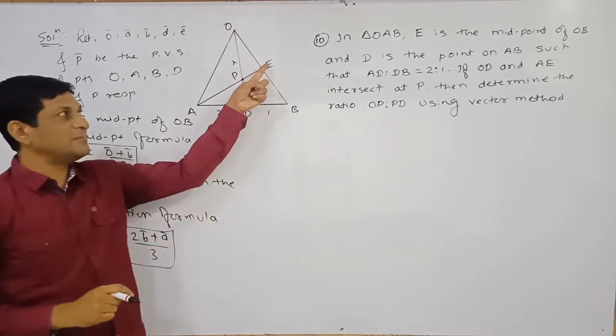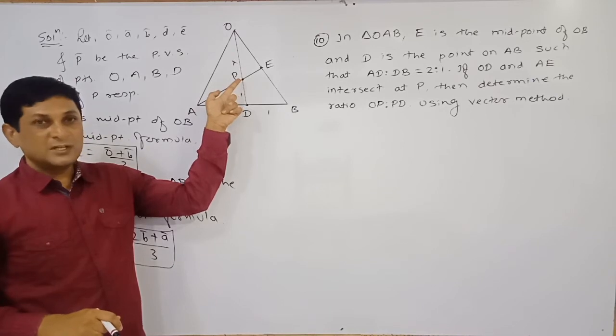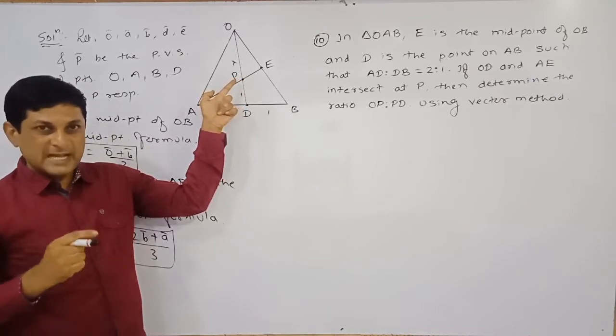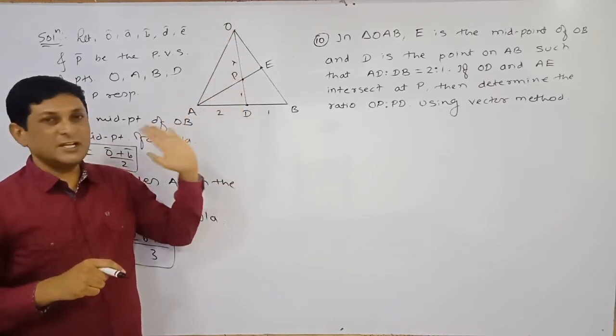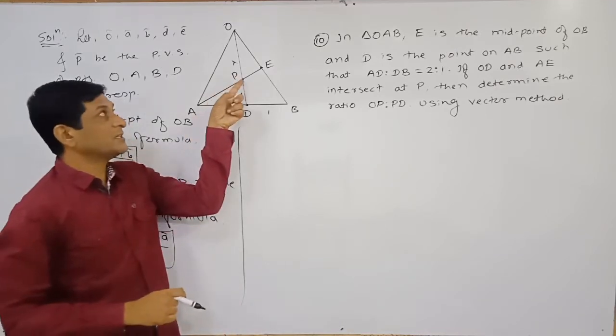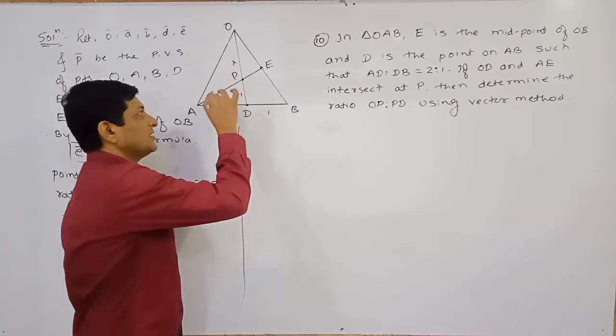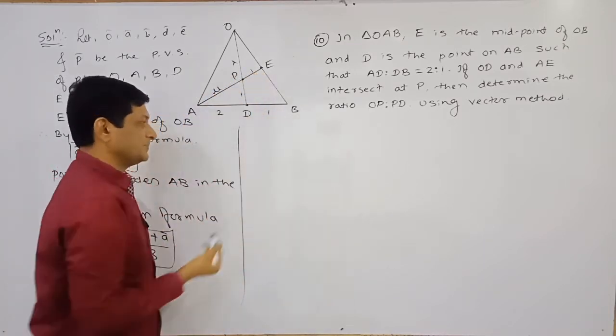Once the values of E bar and D bar are known to us, now we are trying to find in which ratio P divides OD. So now we are supposing that P divides OD in the ratio lambda is to 1 and AE in the ratio mu is to 1.